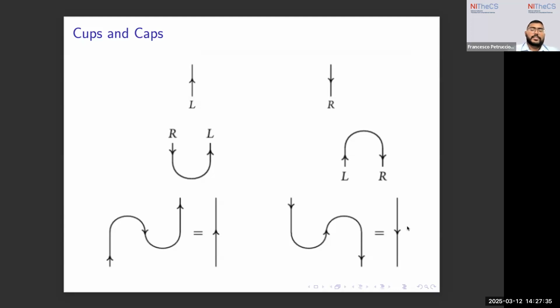So how does this relate to quantum mechanics? This, which we are thinking of as a state, is going to be thought of as an entangled state or a Bell state. And this is the dual notion of the entangled effects.